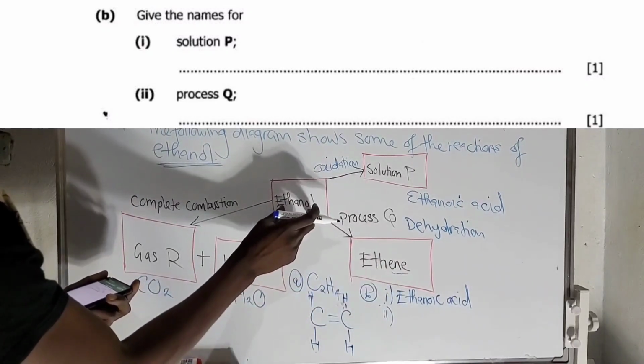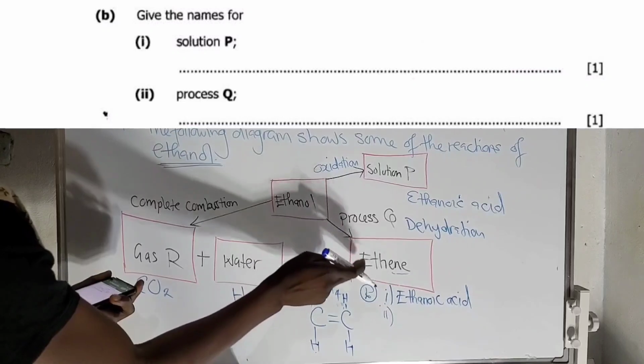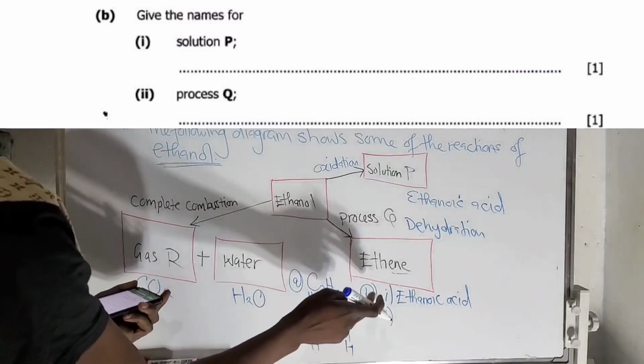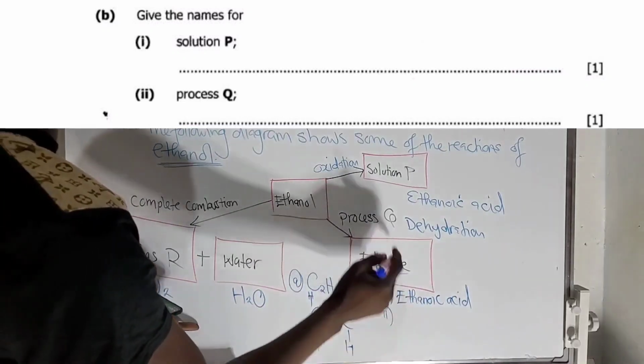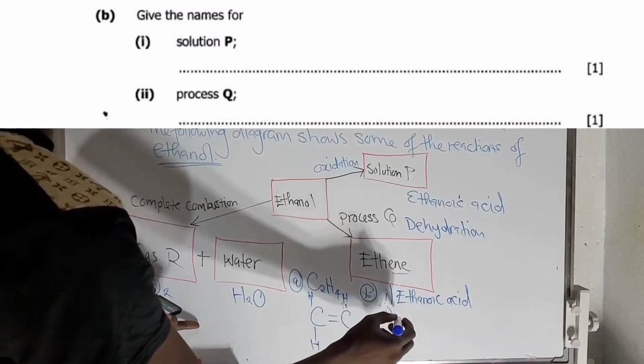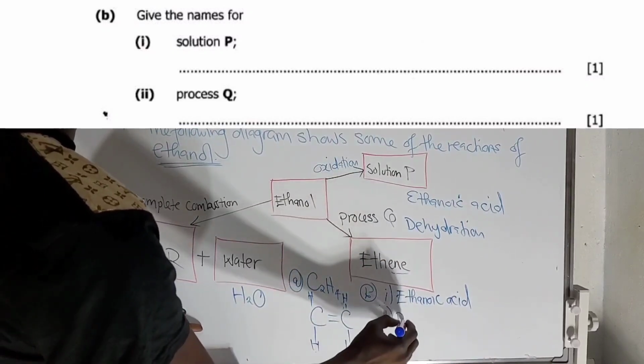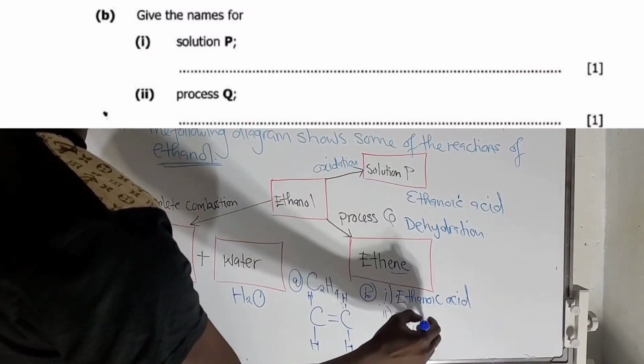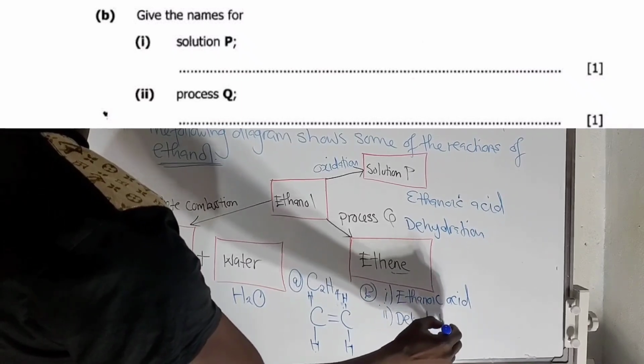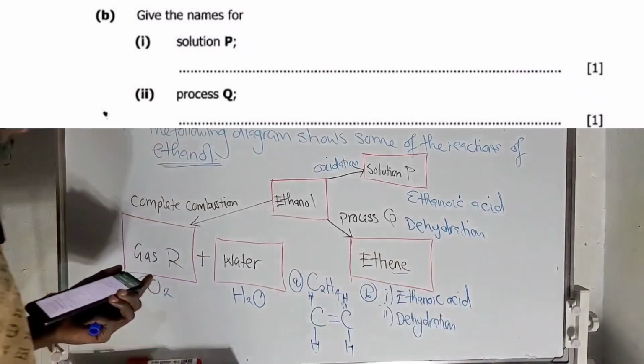When water is removed from ethanol, you form ethene and steam. So the process is called dehydration.